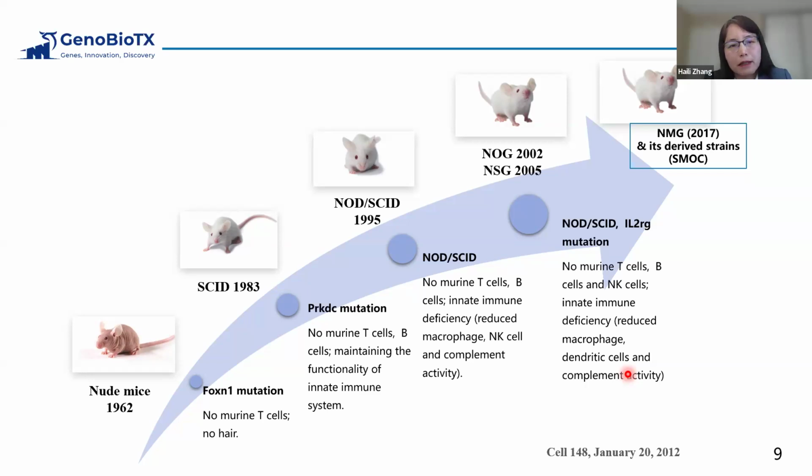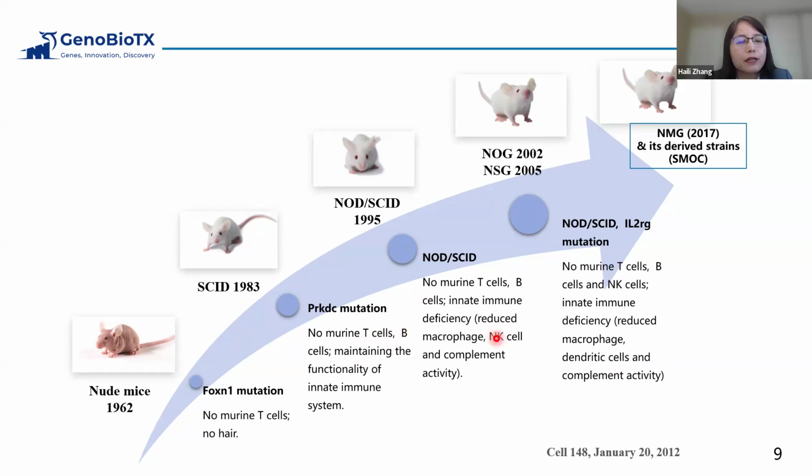These mice lack T cells. The second generation is SCID mice identified in 1983. These mice carry a mutation in the PRKDC gene. These mice lack T cells and B cells, but maintain the functionality of the innate immune system.